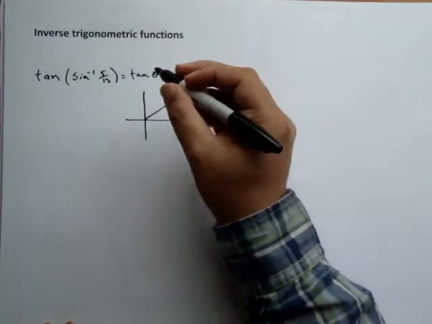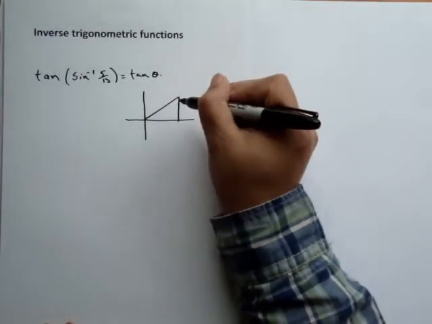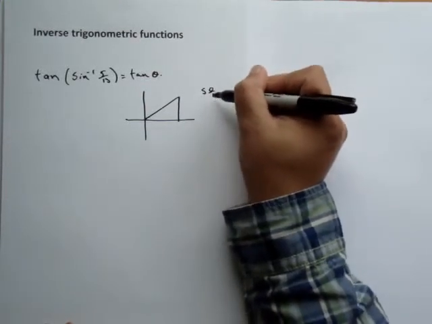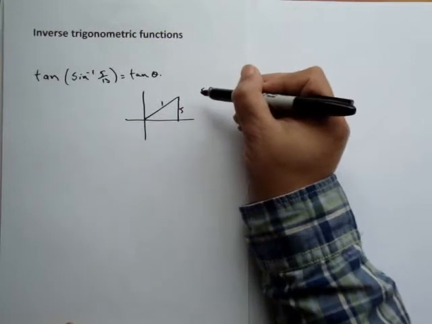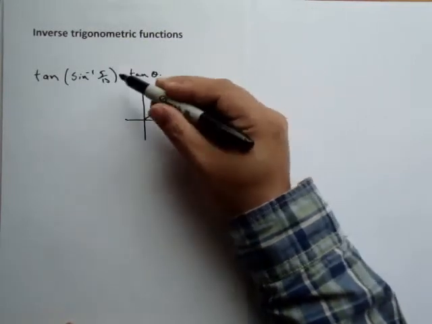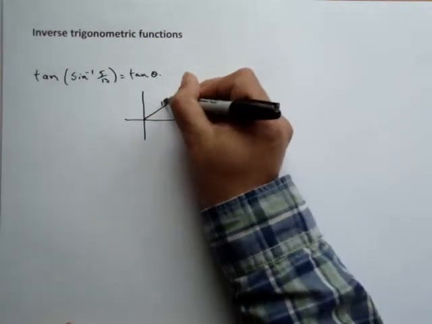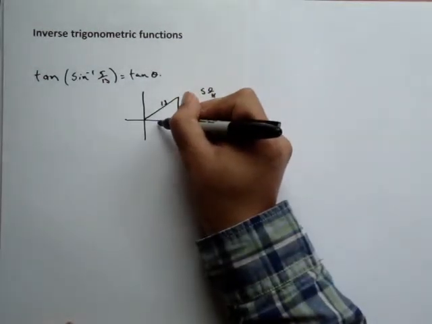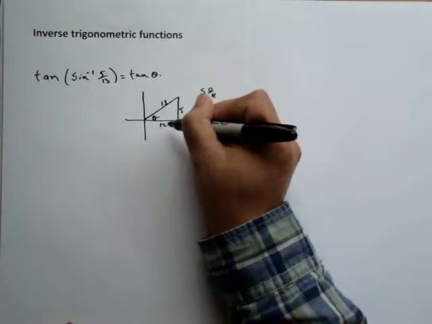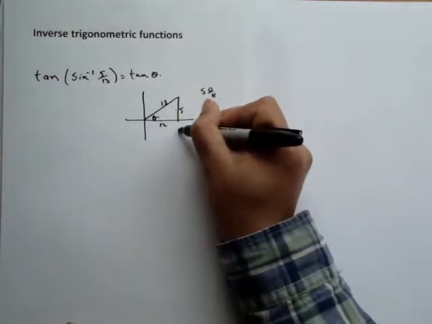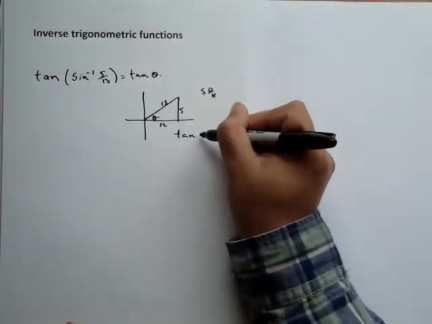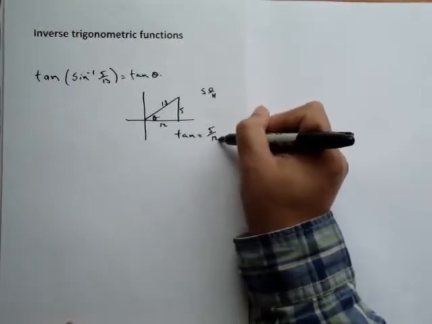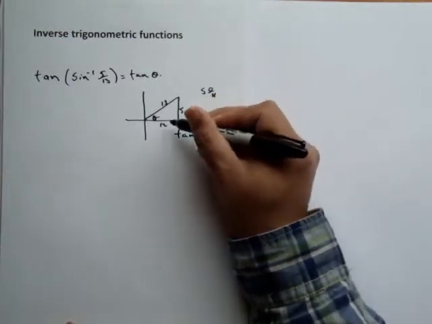So for sine, sine is opposite over hypotenuse, so our opposite is 5 and our hypotenuse is 13, which makes our adjacent side to theta 12. So tan theta would be 5 over 12, which is opposite over adjacent.